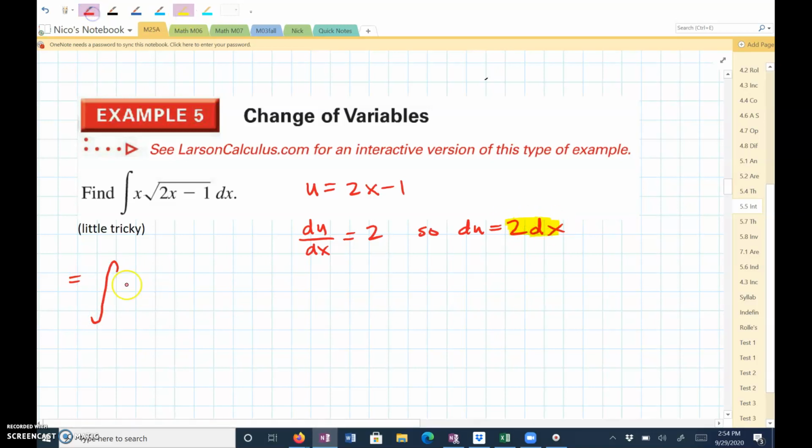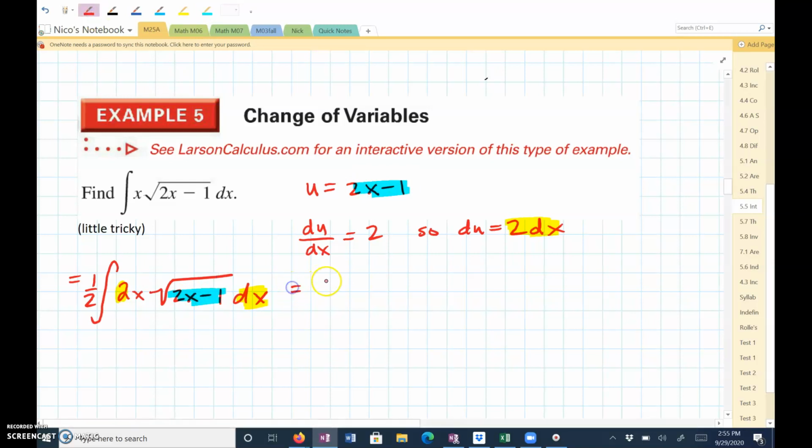So I'm going to write in here 2x times the square root of 2x minus 1 dx times 1/2. So now I have the 2 and I have the dx. I also let u equal 2x minus 1, so let's do that.